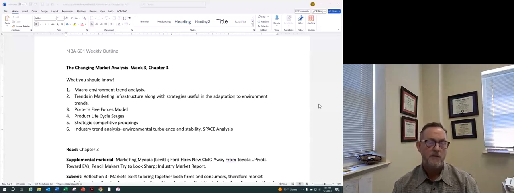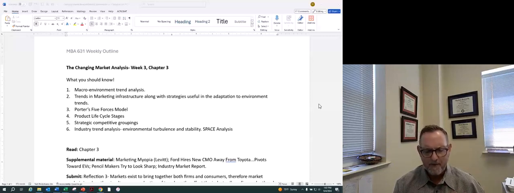And for that, the text uses Porter's 5 forces model to explain this idea of pressures from suppliers, pressures from distributors downstream, pressures from new entrants, and from existing competitors as well. So that model is helpful too.